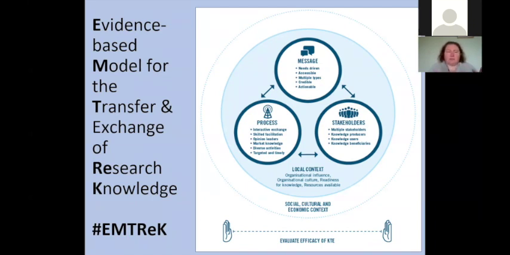We had various versions of it as we both developed our understanding of the model, and also as we, I suppose, developed our own skills in communicating the model. So this is our evidence-based model for the transfer and exchange of research knowledge.